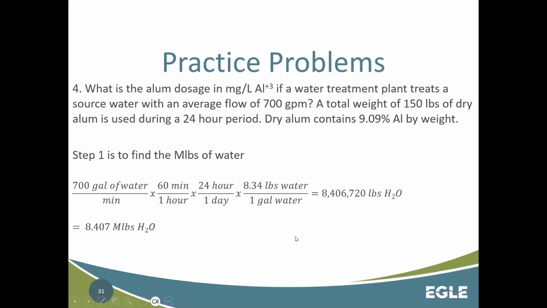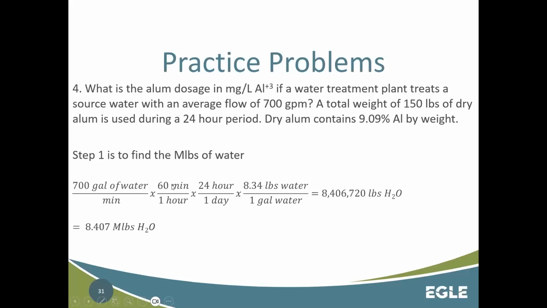First step is to find the million pounds of water. So we're going at 700 gallons of water per minute. And we're going to go from minutes to hours to days here. The way we're going to do that is we're going to say, well, there's 60 minutes in an hour, which cancels out your minutes, and 24 hours per day, so the hours cancel out.